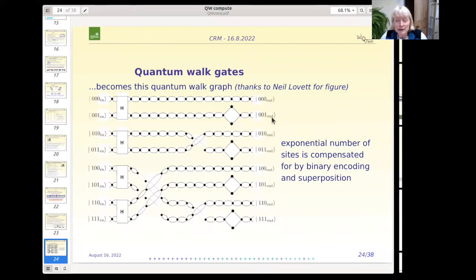We have 1 for each amplitude, each possible state of the 3 qubits. And there's the Hadamard gates applied to each of them. This pair is 1 C0, swapping zeros and ones. This pair is the other C0. And there's the phase gate here, which is done by doing something different other than this wire here.